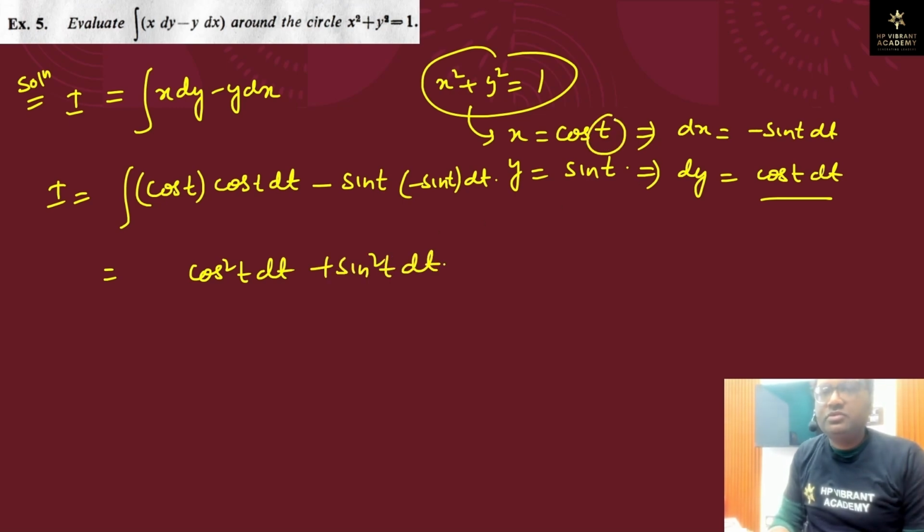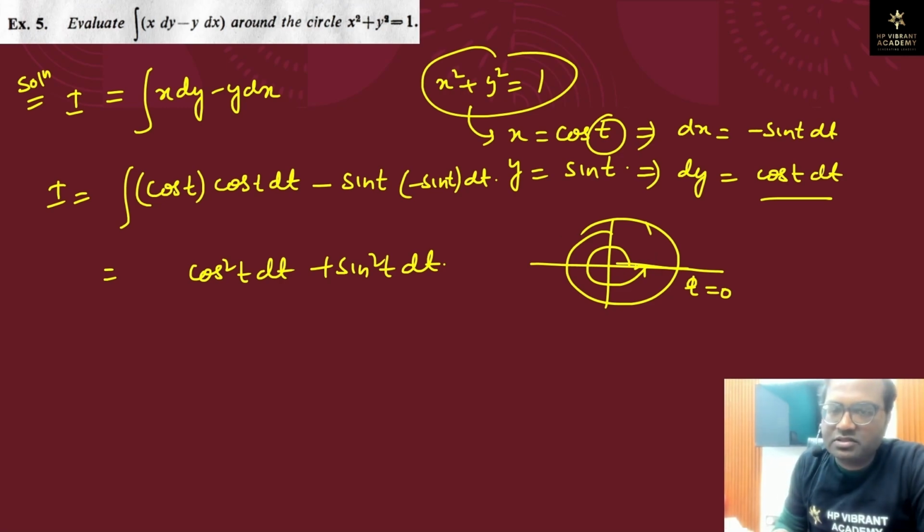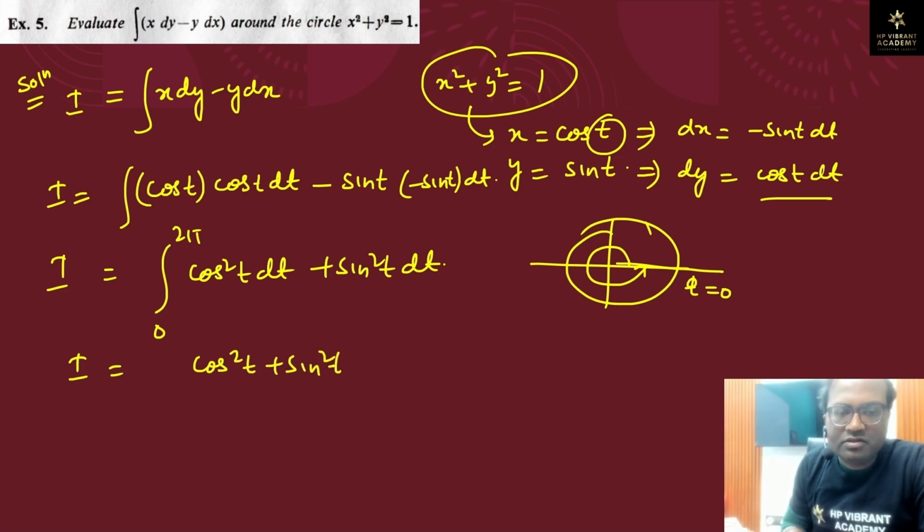Okay, so this is a circle. So t varies from 0 to 2π, t is the angle, because this is a circle. In traversing the complete circle, t varies from 0 to 2π. So I is equal to ∫ (cos² t + sin² t) dt, with t varying from 0 to 2π. Since cos² t + sin² t is 1, this will be equal to 2π.